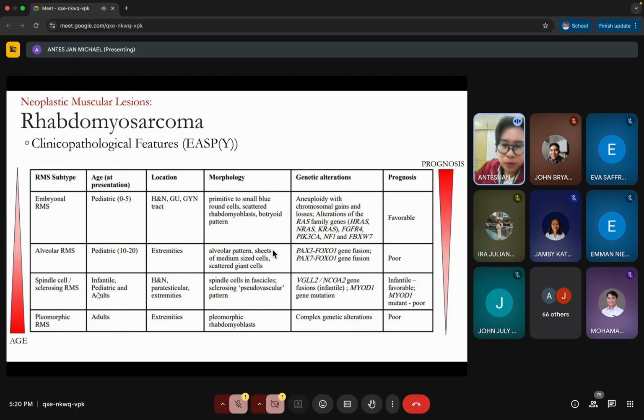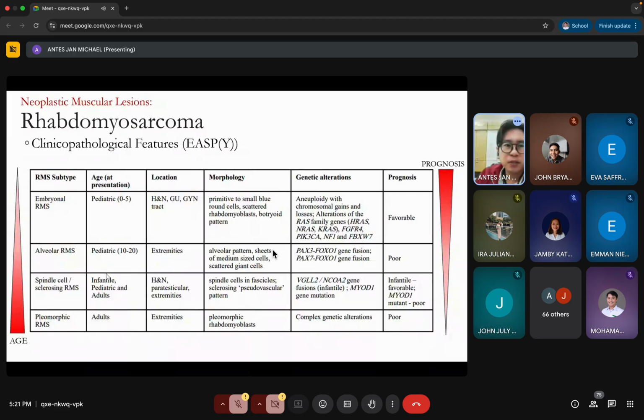Okay, so most of the cases are found in kids, around 0 to 5, and the subtype is commonly embryonal. But the good side about this is that the prognosis is inverse. Prognosis is favorable and good if the cases are found in kids.